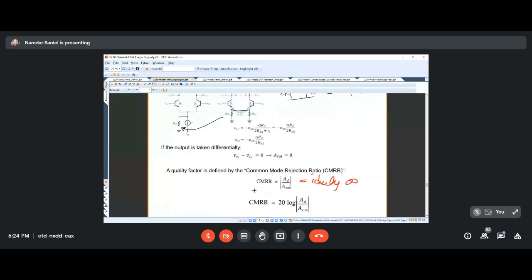So we defined a quality factor, a way to measure the quality of the amplifier, called the common mode rejection ratio, which was the ratio of the differential gain over the common mode voltage gain. So up to this point, that common mode voltage gain was zero, and this common mode rejection ratio was infinite, ideally.